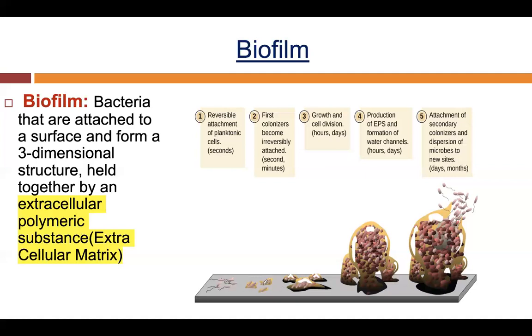Then their genetic configuration has been changed, okay, at this moment. And that has a smell. Other bacteria are attracted, they accumulate, and ultimately they make a colony. So that's the biofilm.